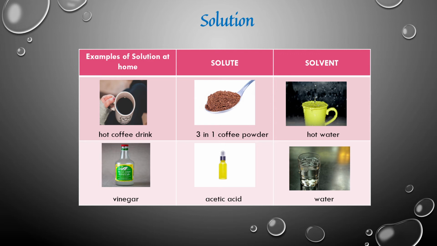Kung sino ang marami sa isang solution, siya ang solvent. In this example, kung makikita po natin, si solute po ay yung coffee powder at yung solvent ay si water. Mas marami po si water, which is the solvent, kesa kay solute, which is the coffee powder. Okay? Ganoon din po dito sa vinegar. Konting acetic acid, dadagdagan mo ng maraming tubig. So, those are the examples of solution.